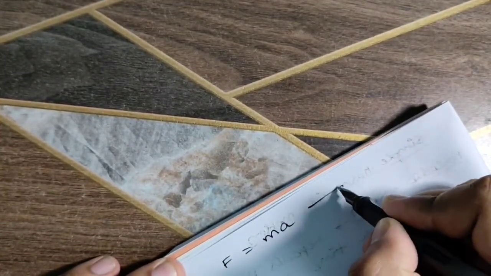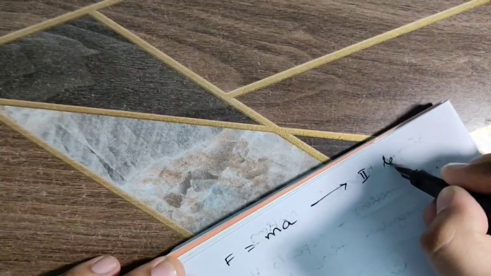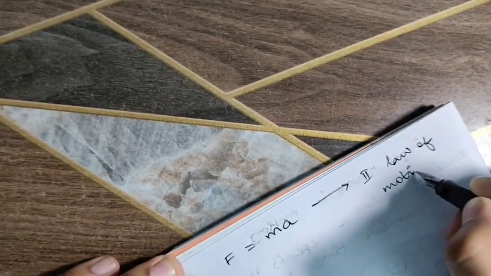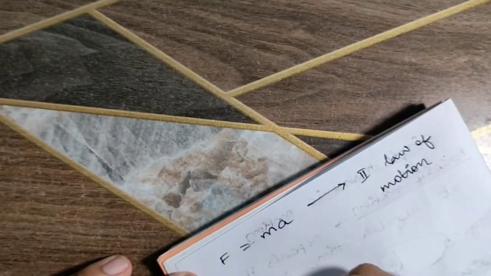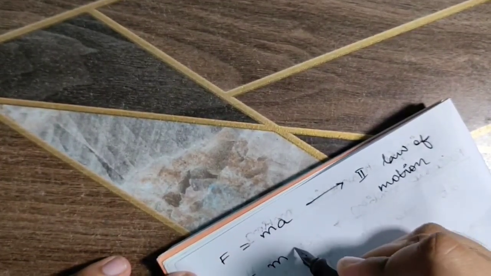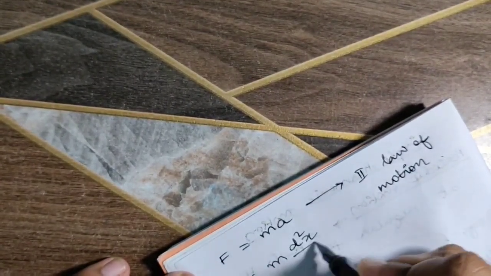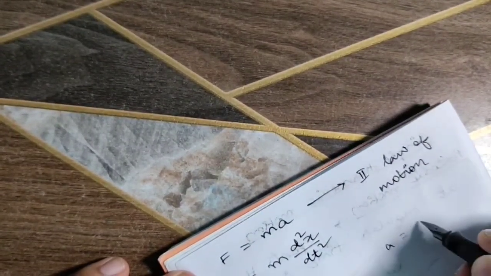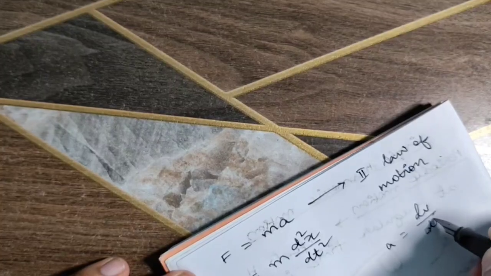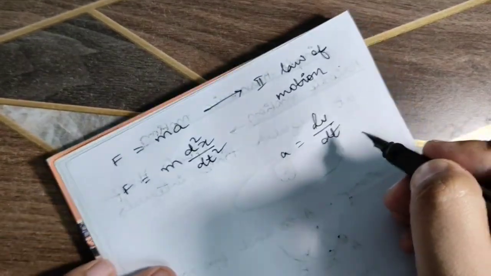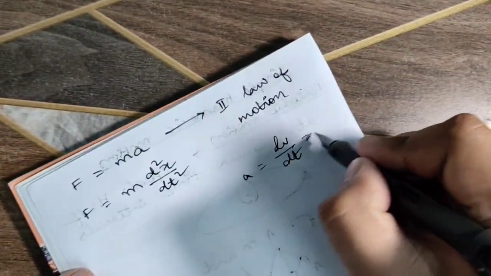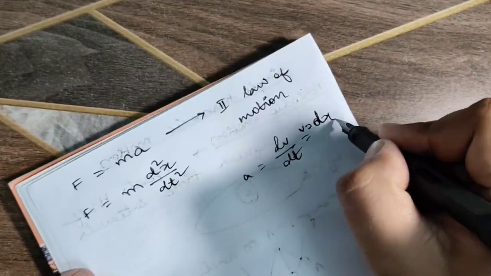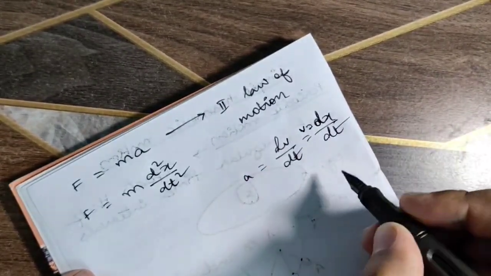This is Newton's second law of motion. So F equals m d square x by dt square. A is nothing but dv by dt, change in velocity with respect to time, and v is nothing but dx by dt, change in position with respect to time.